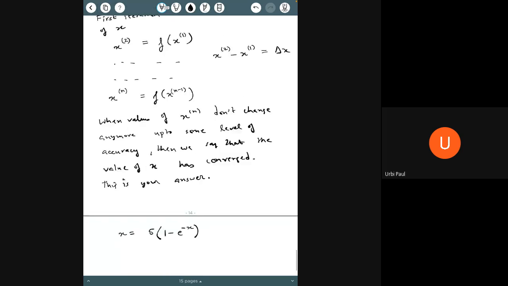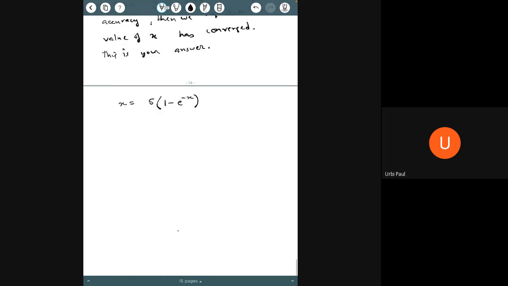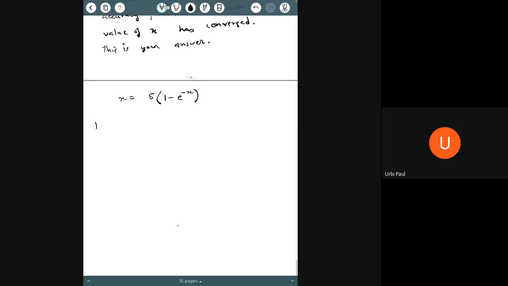Okay. So this is the equation we want to solve. We have obtained one value of x as 5 in the limit, remember. So we'll use that as our guess. It depends heavily on how reasonable your guess is.